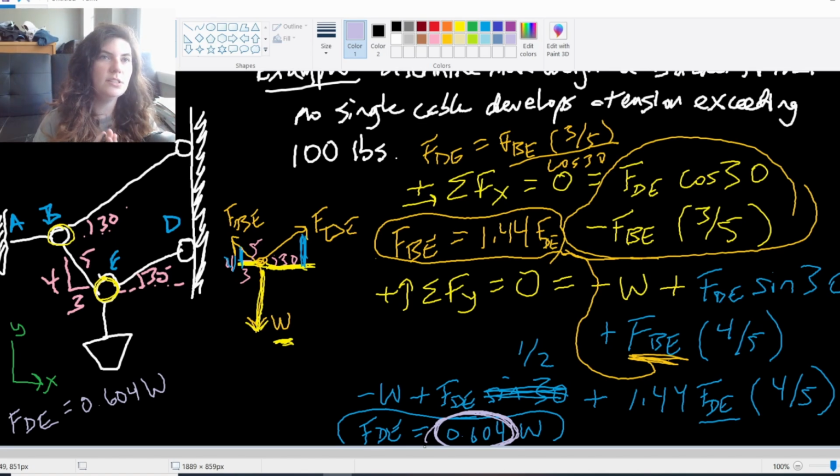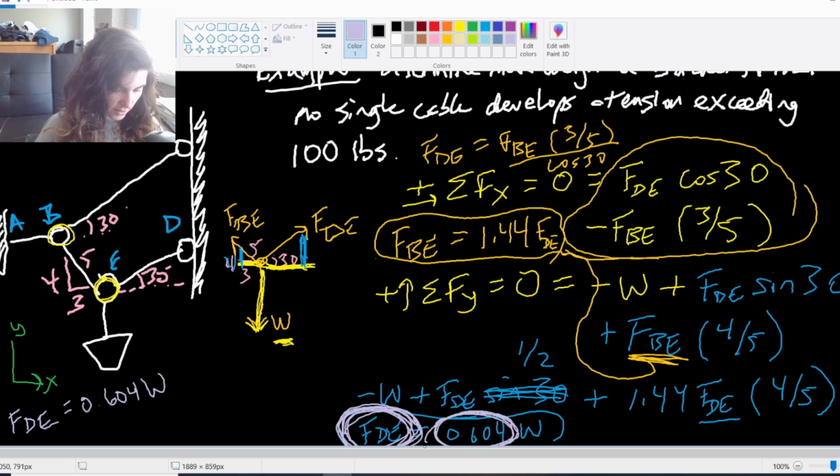That's going to give us the maximum value of W if we set this value equal to 100, because we're going to be dividing this out and it's going to give us the absolute maximum that W can be, so that this force in the cable does not exceed 100. So that's why we're going through and finding these for every single cable.